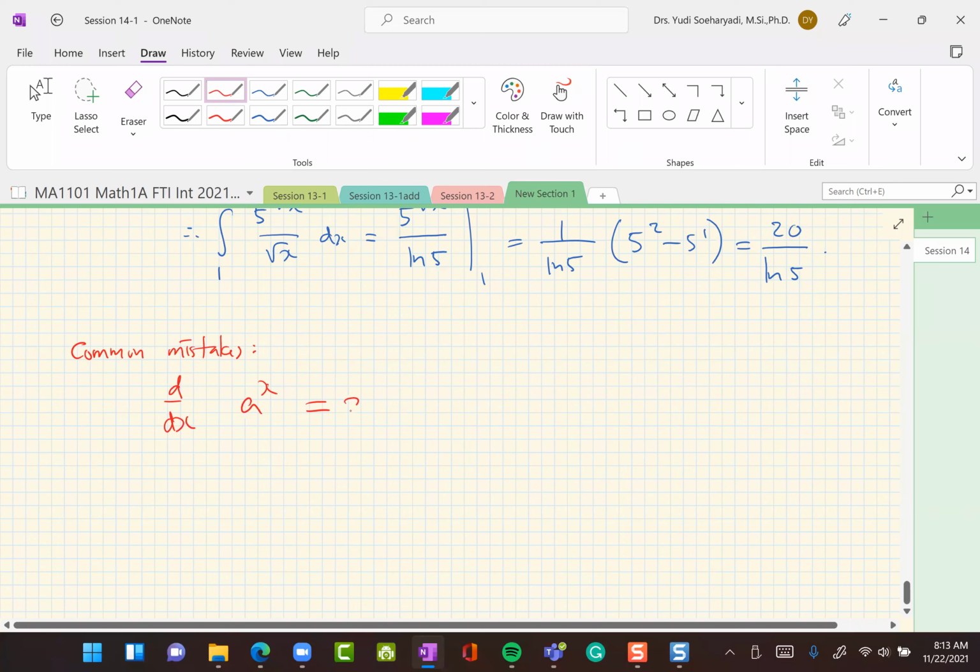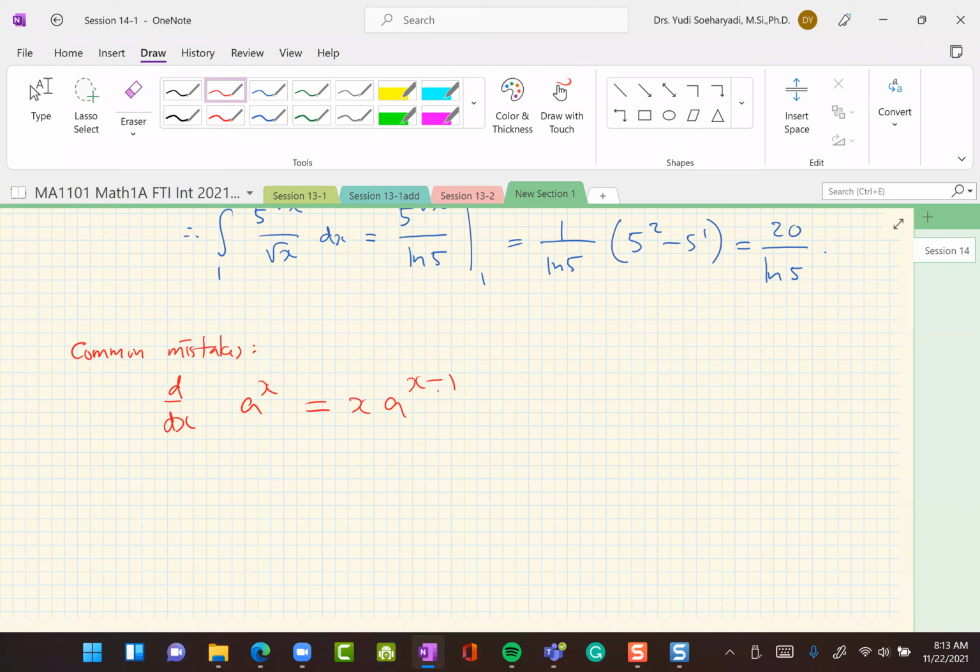So you apply, okay, a multiplied by the power, which is x, and then reduce the power by 1. Okay, so this is the common mistake.